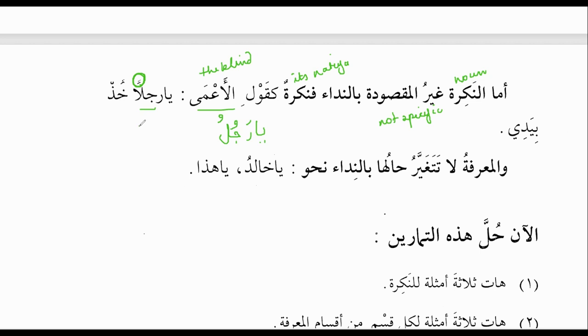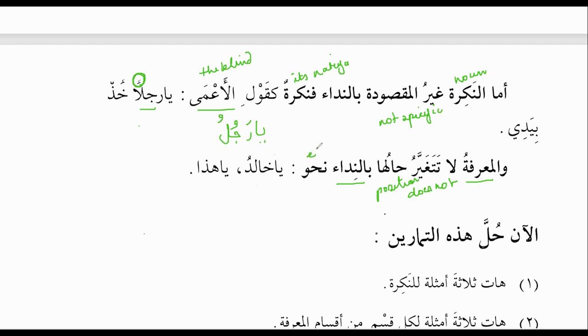The noun is nakira, still nakira with the calling particle harf nida. The marifatu la tataghayyaru haluha. The marifa noun does not change. La tataghayyar means does not change haluha, its position with the harf nida.